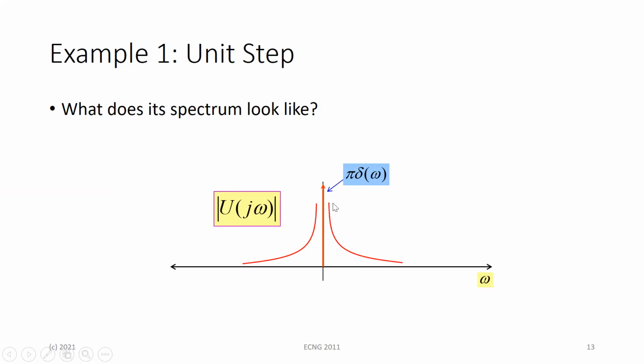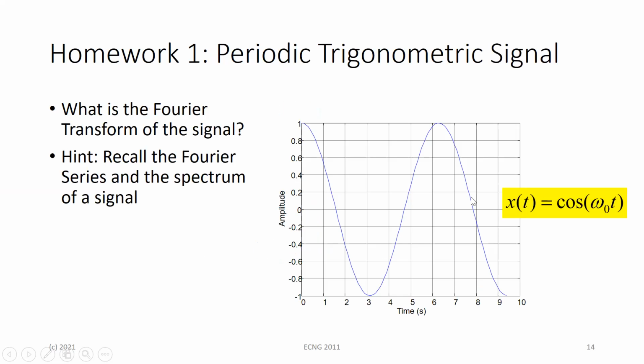And then you have a spectrum where the amplitude decays as the frequency goes up. And then just to continue on that review, what about a Fourier transform of a periodic signal?